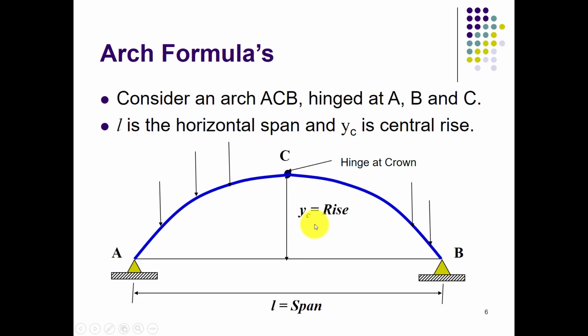Then you have a moment at this point C, and you can calculate the value of the horizontal reaction by dividing this moment by the height of the rise, or you can also take the moment at point C equals 0 by taking the section over here, and you will have the value of the horizontal thrust calculated.